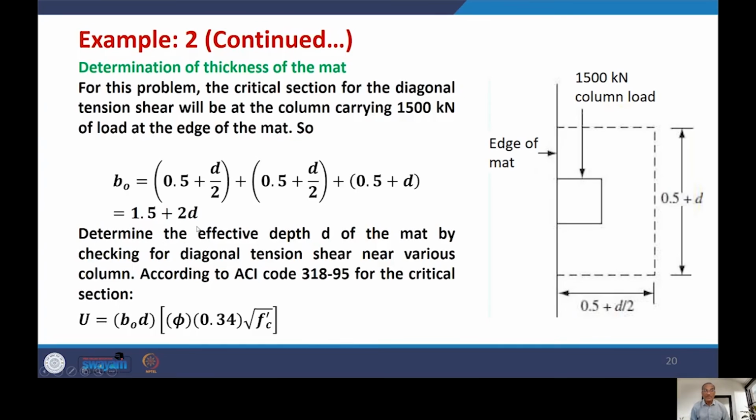Once you calculate the value of b naught, determine the effective depth D of the mat by checking for diagonal tension shear near various columns. According to the American Concrete Institute code 318-95, for the critical section, the value of U is given by this relation, with 0.34. What is U here?